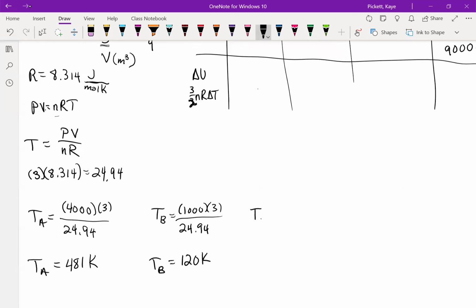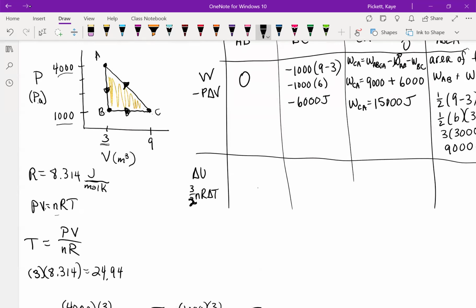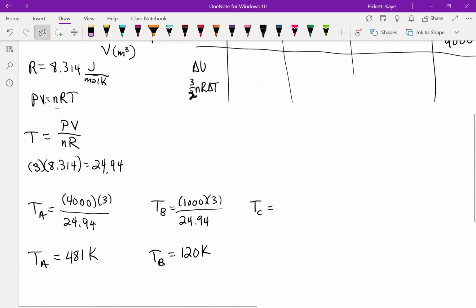And my temperature at C. Well, temperature at C, I've got 1,000 pascals and 9 cubic meters over 24.94. And I get 361 Kelvin.